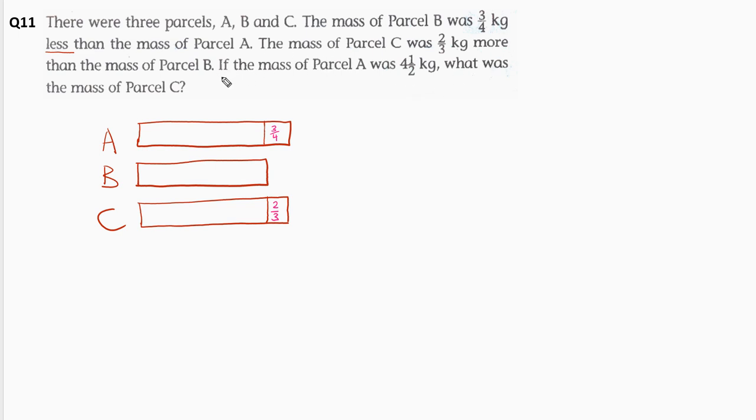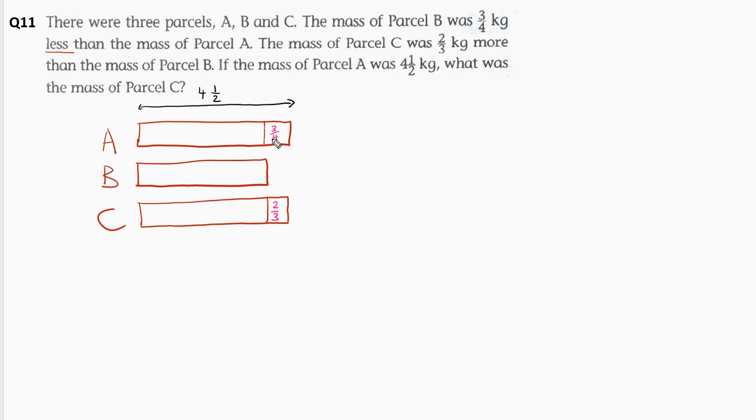Okay, now we're asked, if the mass of parcel A was 4.5 kilograms, what was the mass of parcel C? Okay, so we're going to start here with A. And we're told that the whole of A is 4.5 kilograms.